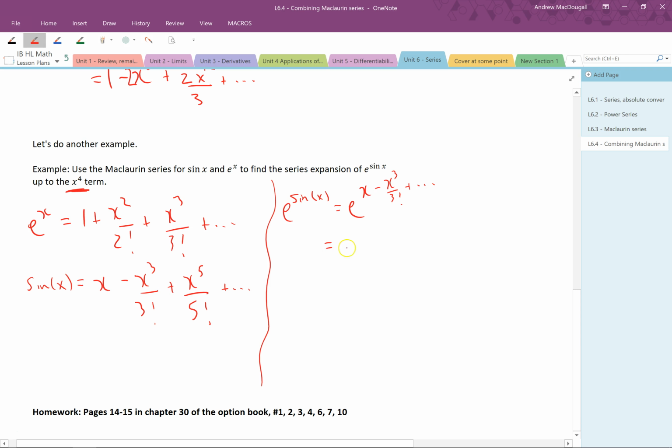And okay, by our exponent laws, this is actually e to the x times e to the negative x cubed over 3 factorial, and so on. And we can expand each of these.